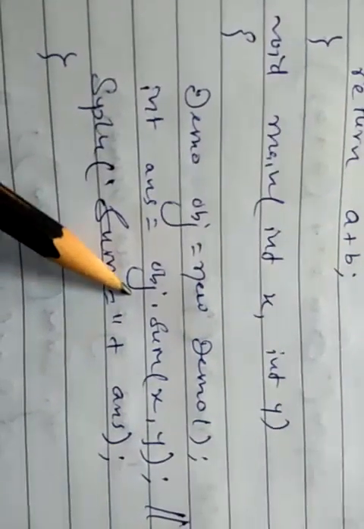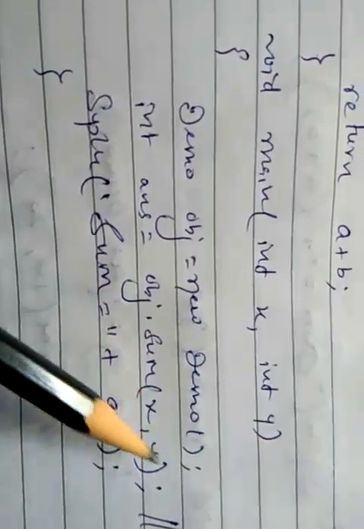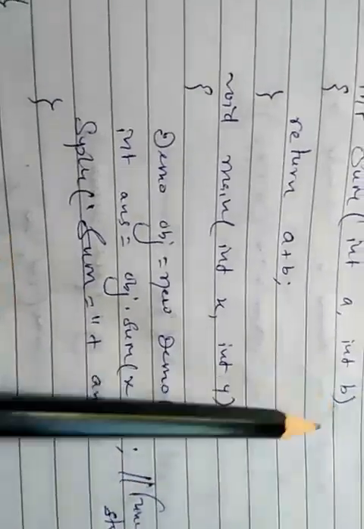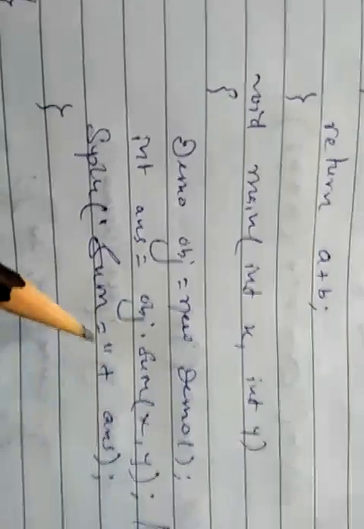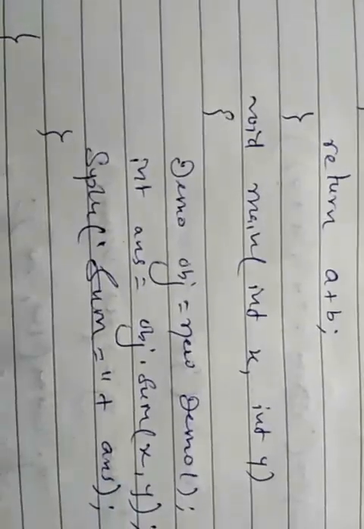First we are creating an object, and here we are calling the function obj.sum(x, y). This will go from here to here, and this function will return a value. That value we will get here and store in answer, and we will print the value of answer. Or we can say, using a return statement we can send a calculated answer of a function from one function to another function.